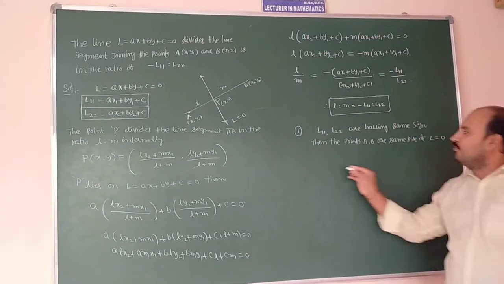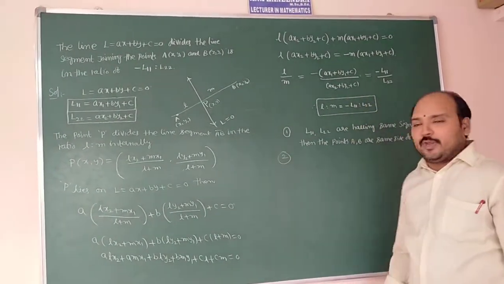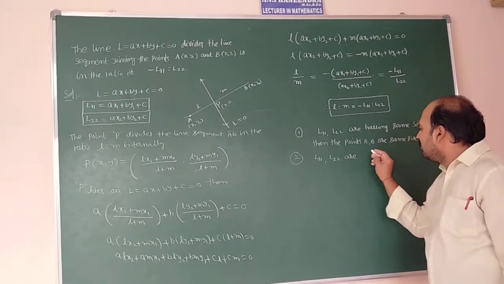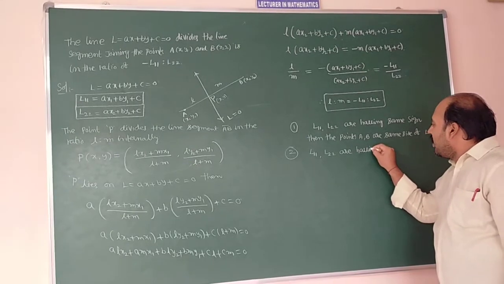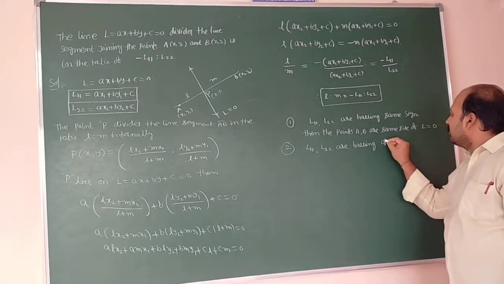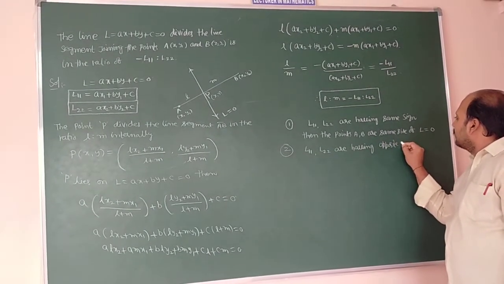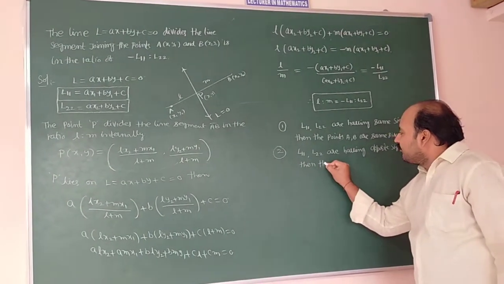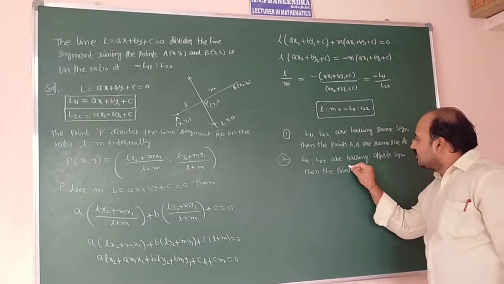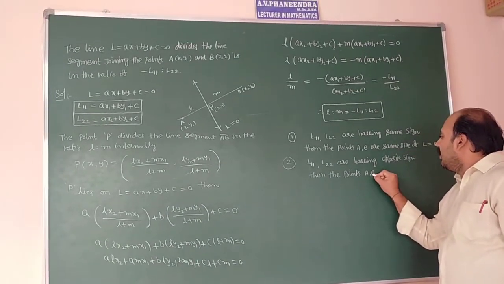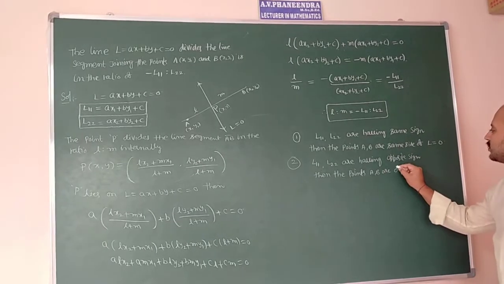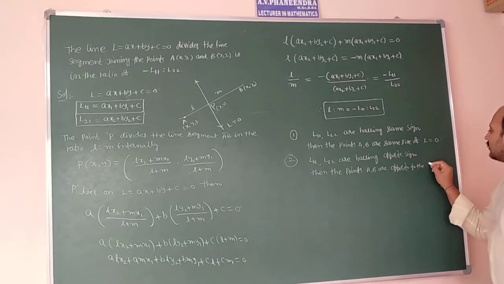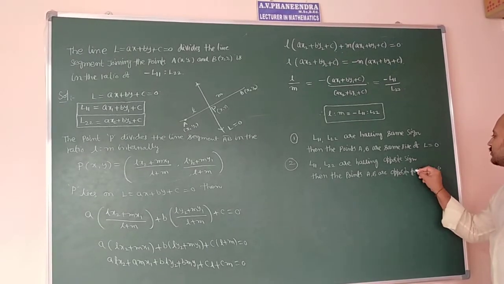Second point: if L11 and L22 have opposite signs, then the points A, B are on opposite sides of the line L equal to 0.